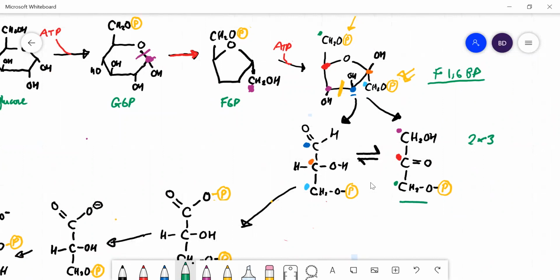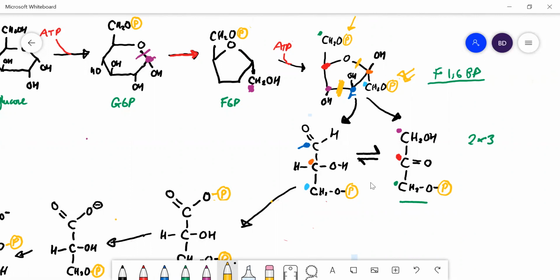I've color coded the atoms so you can see where they come from: the blue one ends up in the blue one there, and the orange, and the red, and so on. If you want to pause and satisfy yourself where those carbons all come from, you can see the break is where that yellow line is. You break a carbon-carbon bond there to make these two substances.